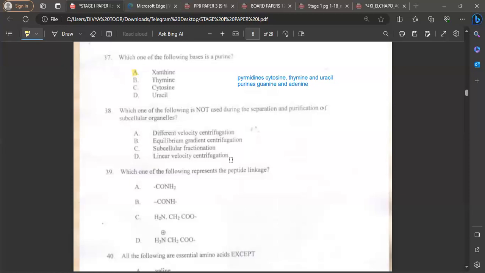In the last discussion, somebody said that D was the answer, linear velocity. But do we know the differences between them? Personally, I don't know the difference.